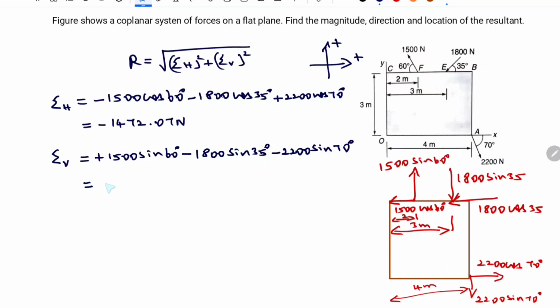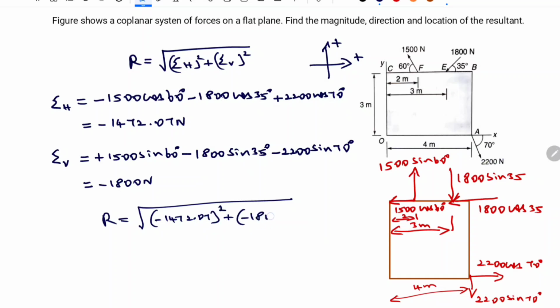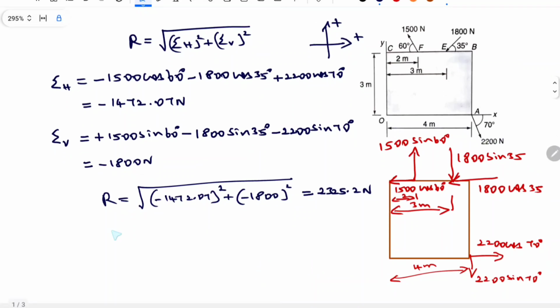So the answer is minus 1800 Newton. Now the resultant is equal to root of minus 1472.07 the whole square plus minus 1800 square, and the magnitude of the resultant is 2325.2 Newton.